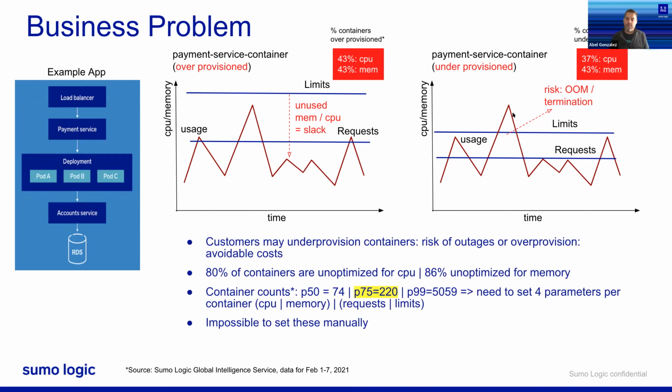And when we looked at all of our deployments, we saw that around 80 to 86% of deployments are not optimized correctly, some around memory, others for containers. And as you can see, you need to set these four parameters every time you're doing these deployments, and managing all of this manually can get really, really tedious.